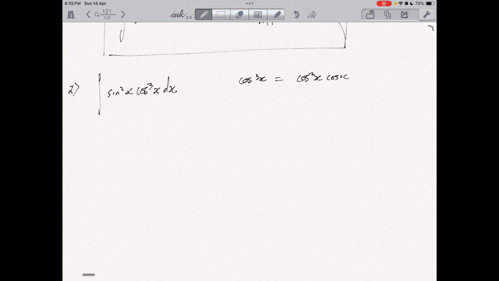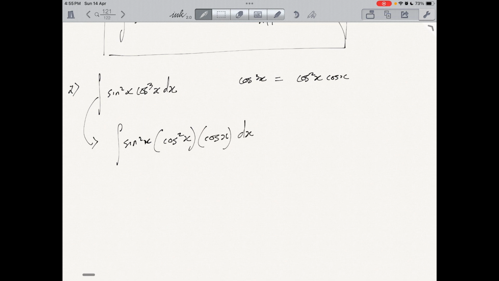Therefore, we can rewrite this as sine square x into cos square x multiplied again by cos x dx.